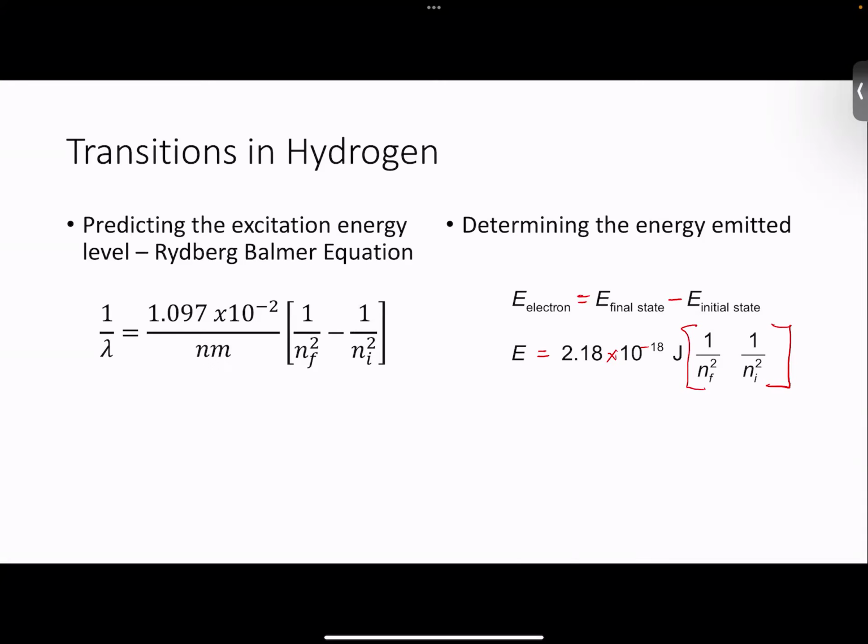So we're going to use this equation to solve for the energy. So our energy is going to equal the 2.18 times 10 to the minus 18 joules times 1 over 3 squared minus 1 over 5 squared.